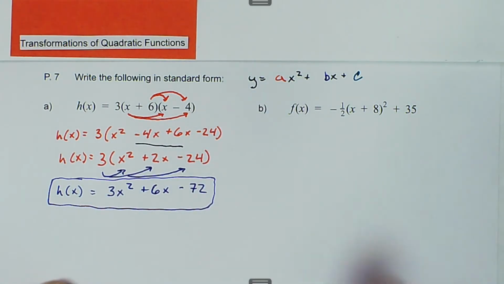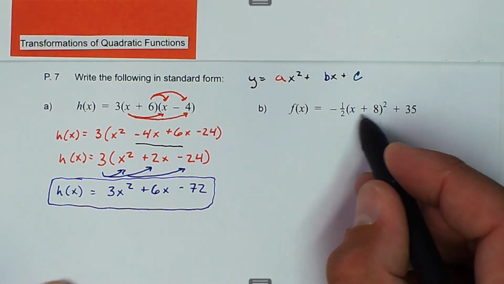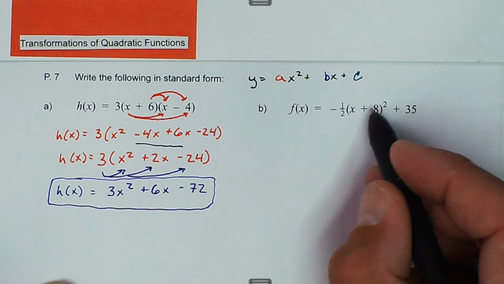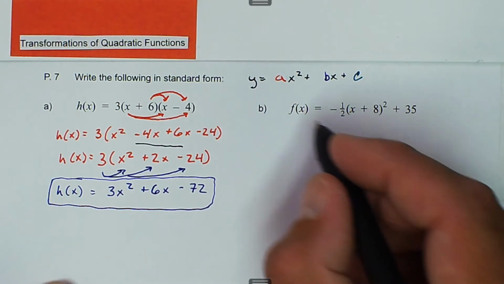Then over here we have vertex form, and we want to change that into standard form, and we have x plus 8 quantity squared. So in order to multiply all this out, we have to make sure we write down the x plus 8 squared twice.